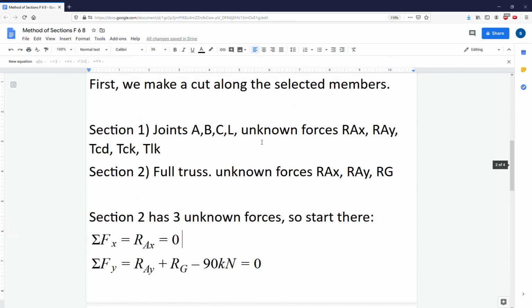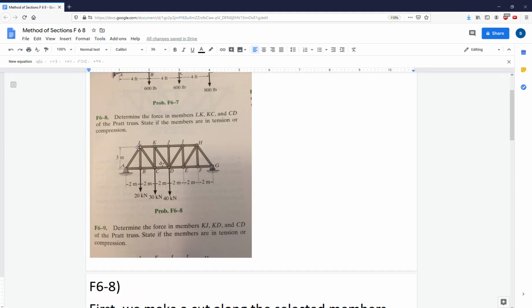Now we can go back to one of our cut sections. I selected this section. If you're following along in the book's guide, it looks like they were using this section, but either section will work.